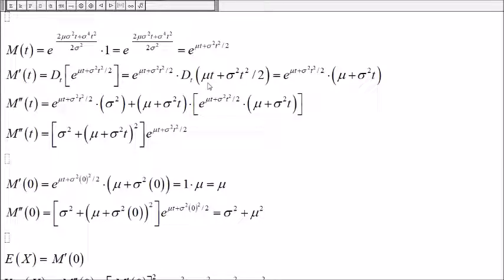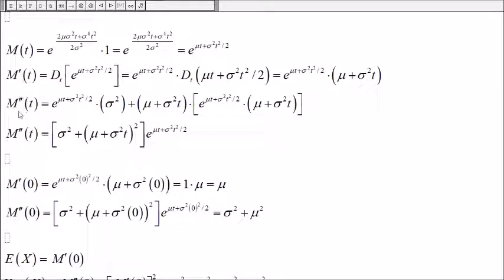The derivative of mu t plus sigma squared t squared divided by 2 will be mu plus sigma squared times 2t divided by 2, which is sigma squared t. So this is the first derivative with respect to t.